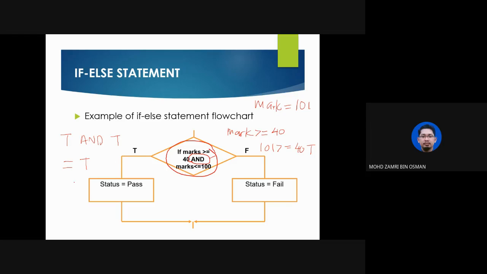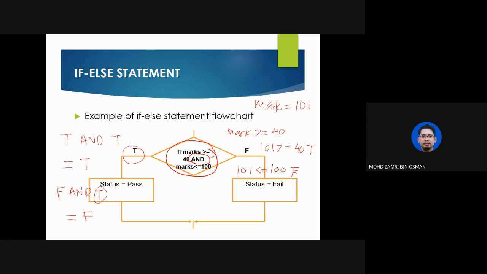If only one condition is false, even though one condition is true, the result is false. For this case, we have 101, so it does not meet the requirement for marks. 101 is not less or equal to 100, and this will be a false statement.